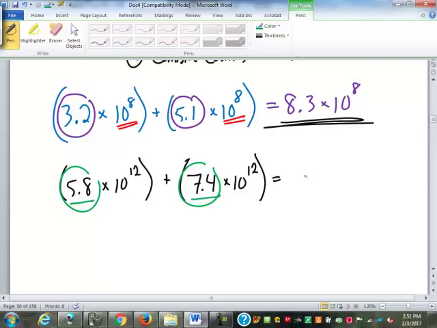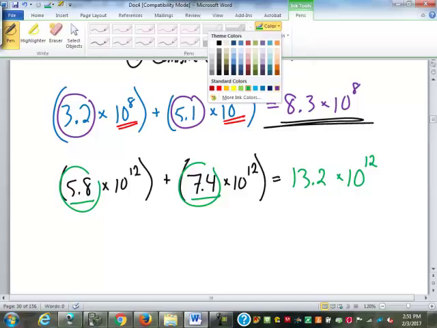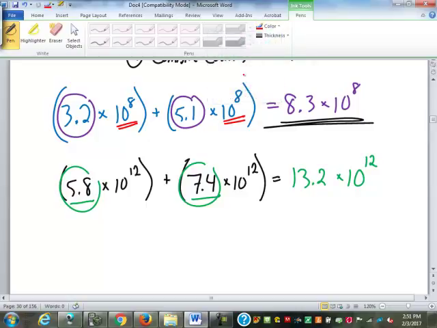It gives us 13.2. There you go. Times, you had the right idea, times 10 to the 12th. Remember, we keep the same name.